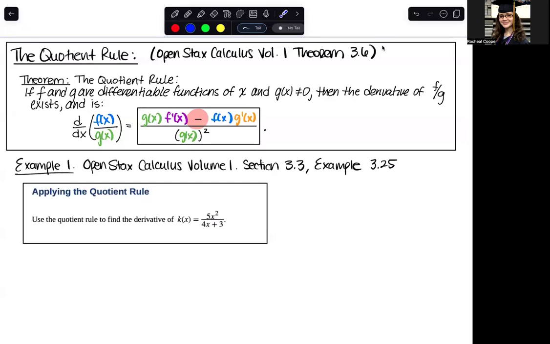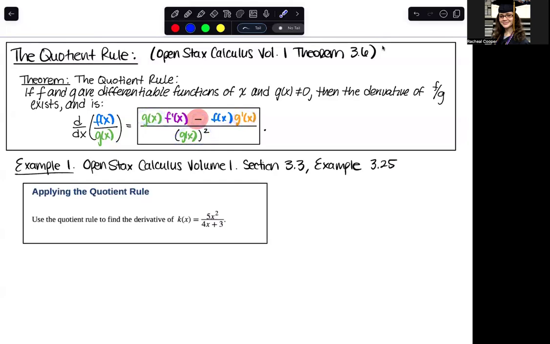I remind you as well that the derivative of the quotient of two functions, f of x divided by g of x, requiring in this case that f be named the function in the numerator and g be named the function in the denominator, is equal to g times f prime minus f times g prime over the square of g.